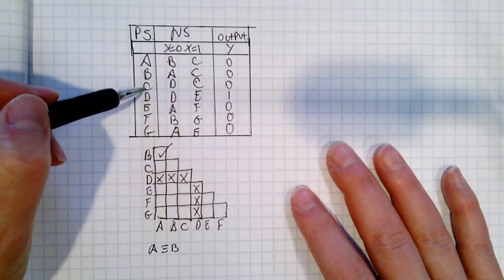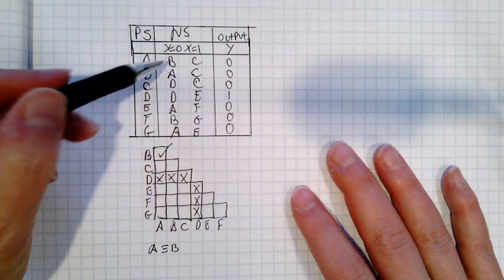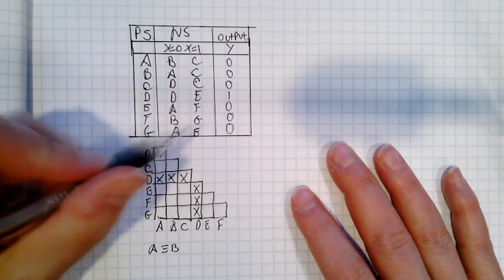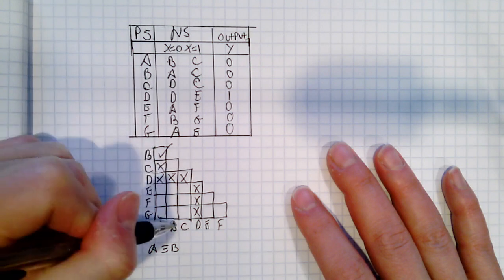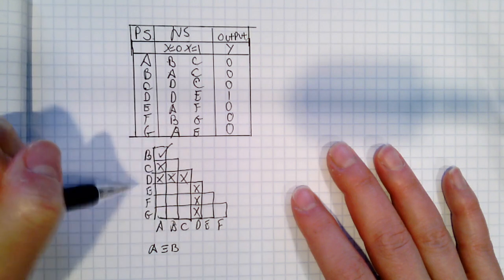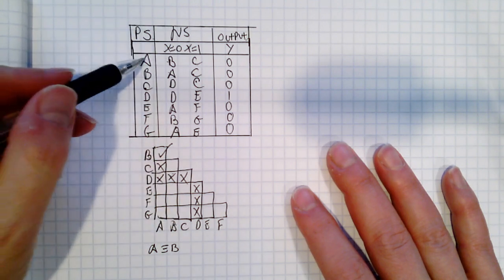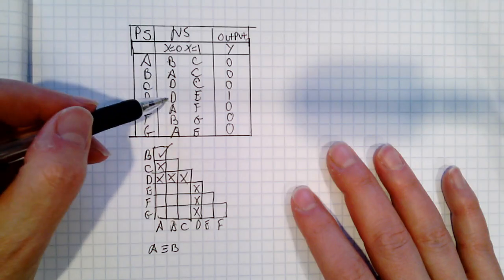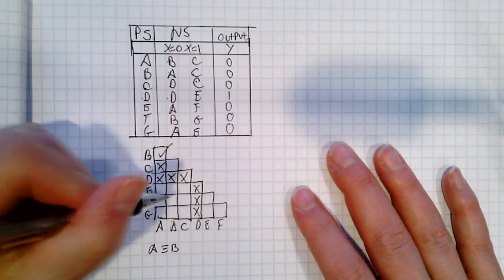A and C are equivalent if B is equivalent to D, but it's not, because we see there's an X on B and D. A is equivalent to D if B is equivalent to D, but it's not, because we see there's an X on BD.